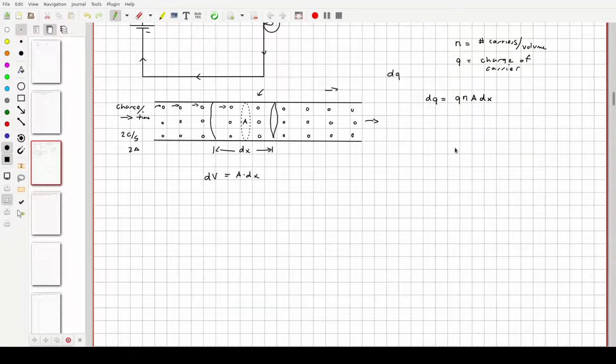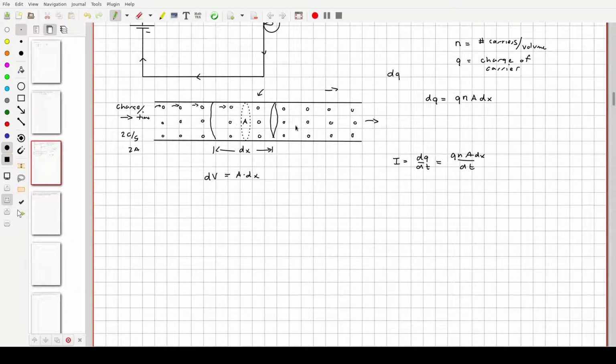All right. So if I wanted to relate this to current, and current, remember, is defined, at least the instantaneous version, as dq/dt, then it would be q n A dx/dt. Now, the number of charge carriers per volume for a particular metal is a constant. That doesn't change. And the charge itself doesn't change.